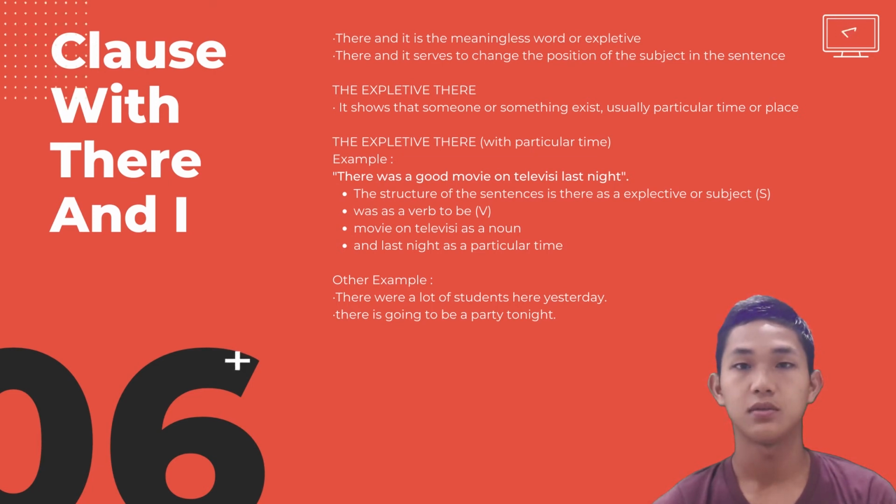Example: There was a good movie on television last night. The structure of the sentence is: there as an expletive or subject, was as a verb to be, movie on television as a noun, and last night as a particular time.